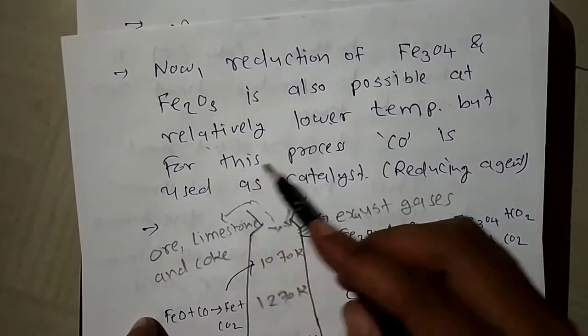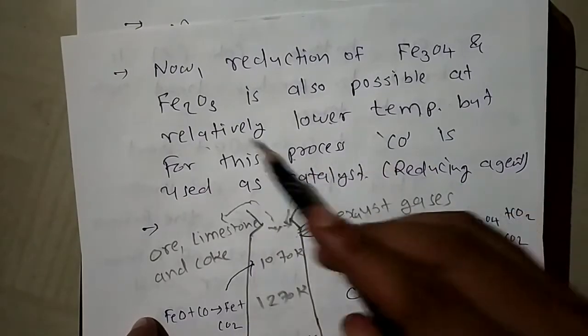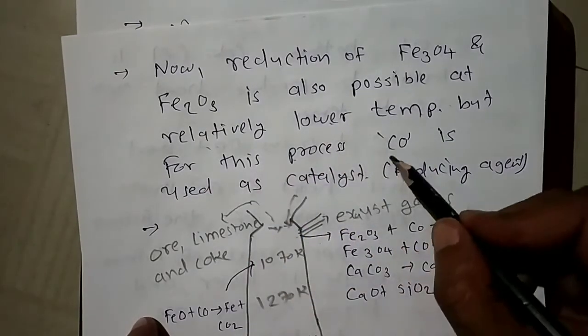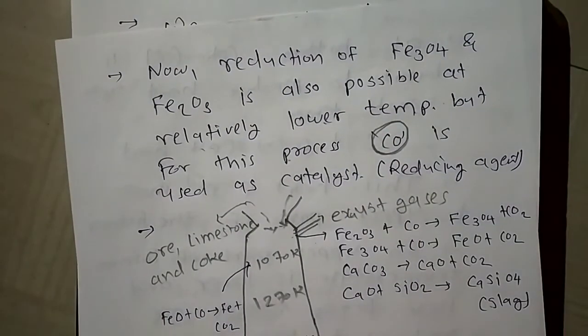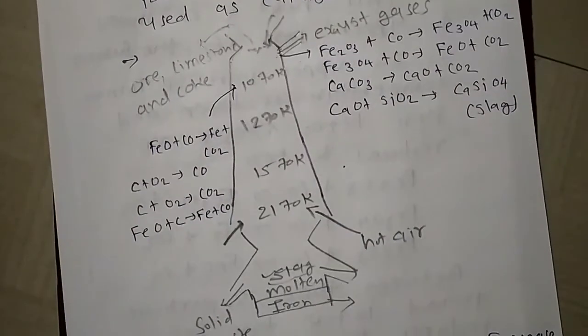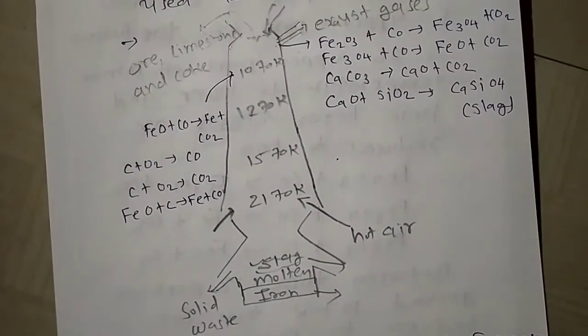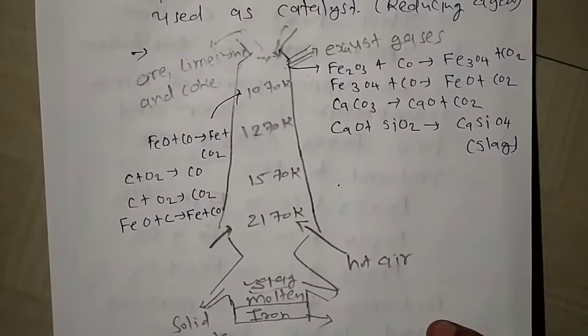But here we can use carbon monoxide as the reducing agent. The reducing agent is changed here. Now, here a blast furnace is there.